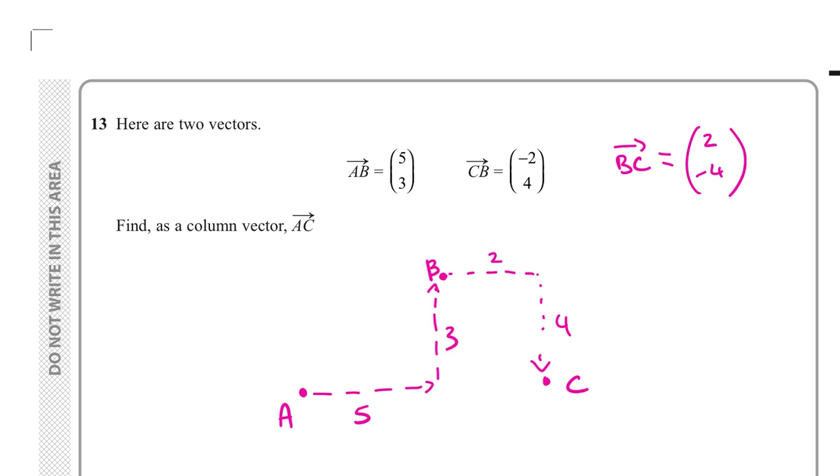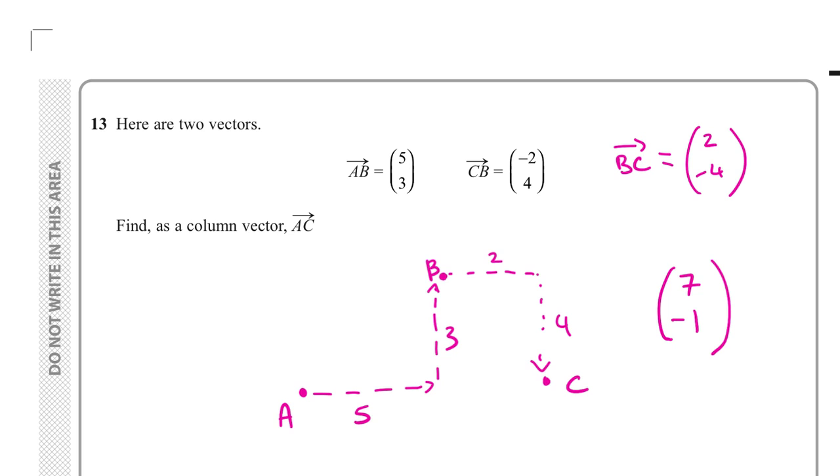So how do I go from A to C? From A, I've got to go across 5 and then across 2 again. So what's that? 7. And then from A, I go up 3, but then I go down 4. So technically that means minus 1.